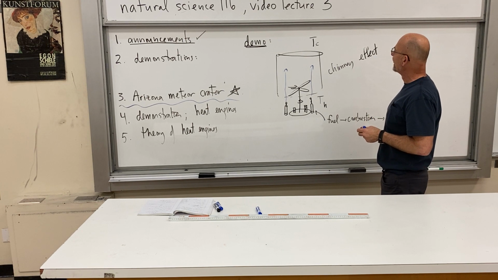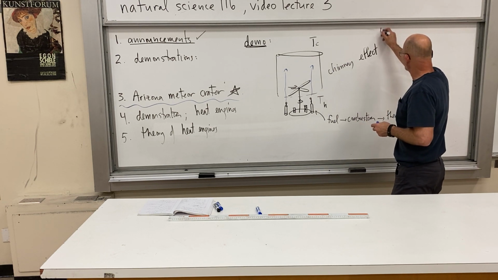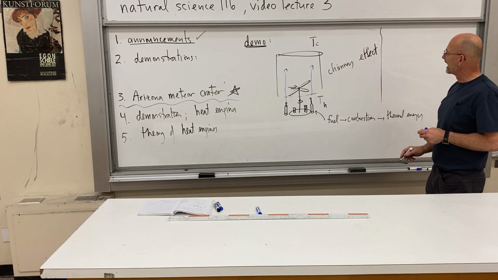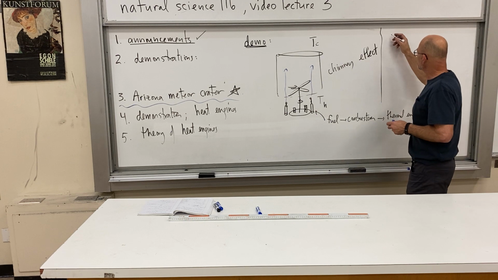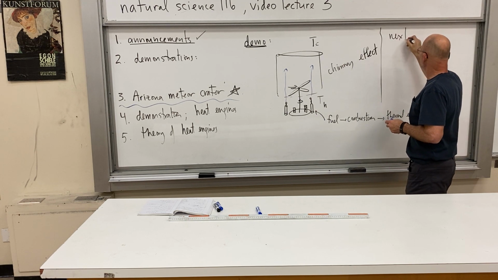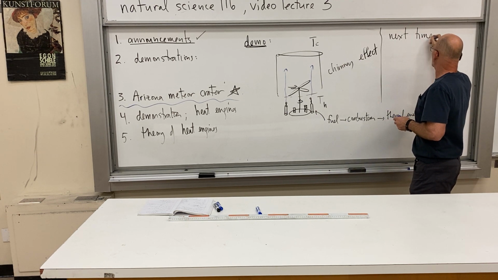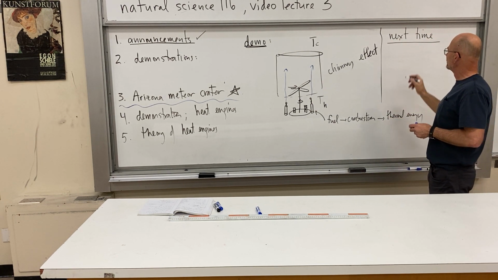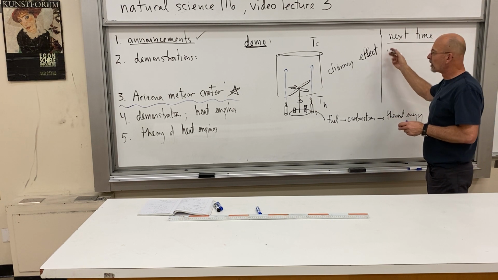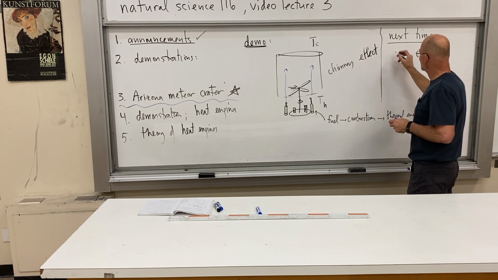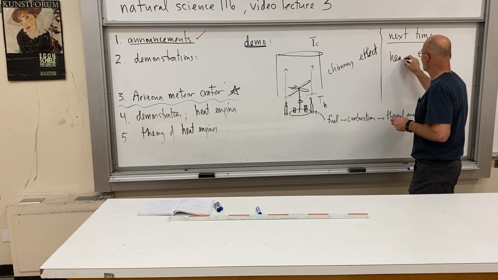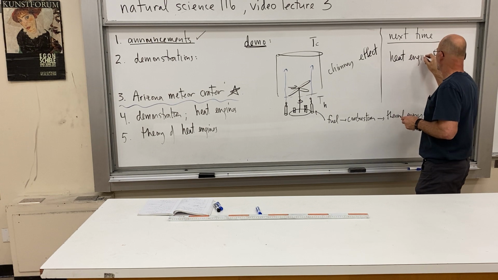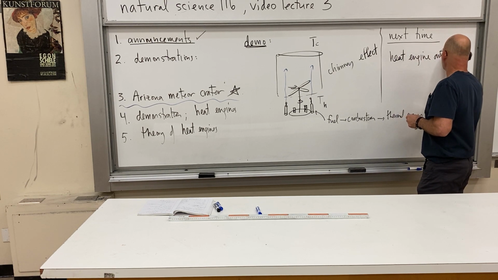Okay, I think that's where we're going to leave it for today. So I'm just going to write next time, more of the theory of the heat engine. So I'll write heat engine and efficiency.